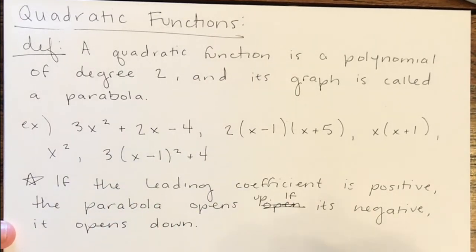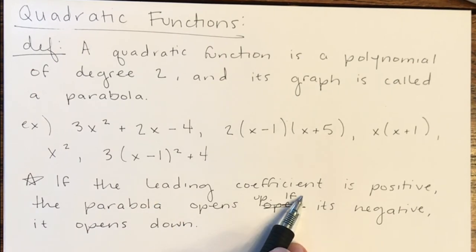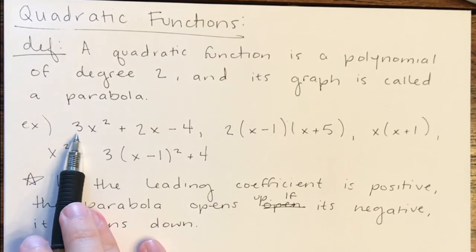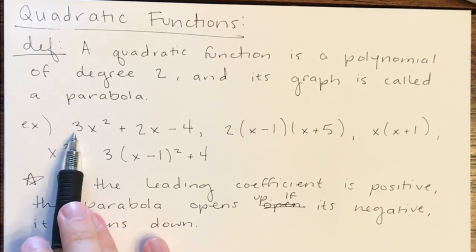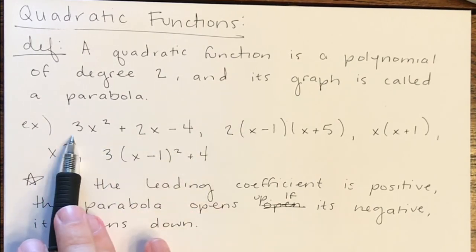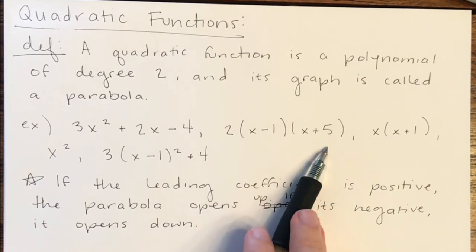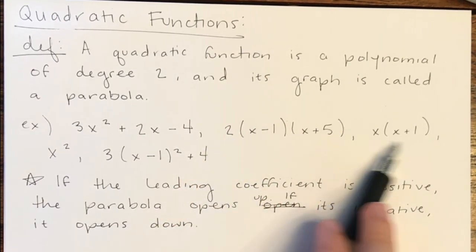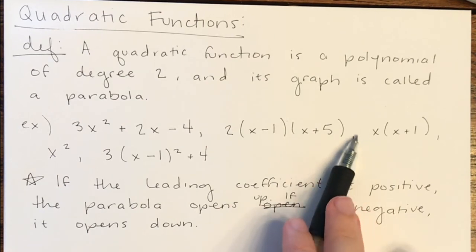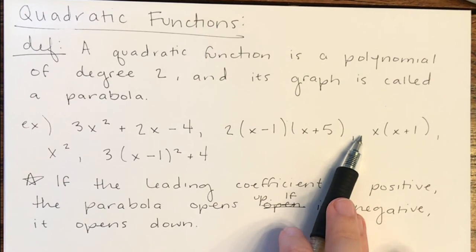So what does this mean? First of all, what is our leading coefficient again? Can we refresh on that? Our leading coefficient was the coefficient attached to the term with the highest degree, right? So in this example, our leading coefficient is 3. In this example, our leading coefficient is 2. Here we have a leading coefficient of, well, looks like nothing, but when we have nothing, it's really 1.